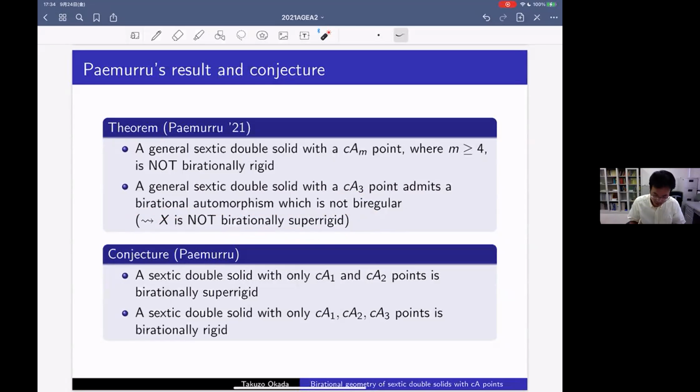And after this consideration, he conjectured the following. So firstly, a sextic double solid with only CA1 and CA2 points is birationally superrigid. Okay, superrigid. And if we admit CA3 points, then it is not superrigid, but he conjectured it is birationally rigid. So okay, this is the Prokhorov conjecture.